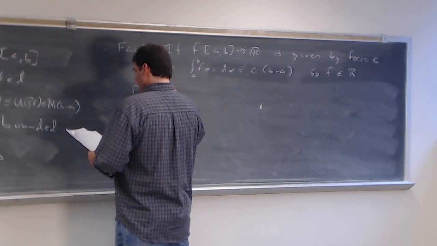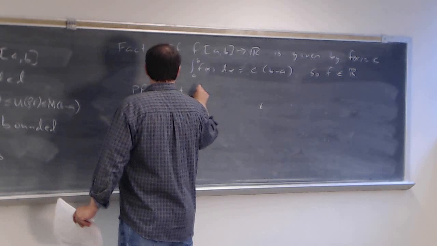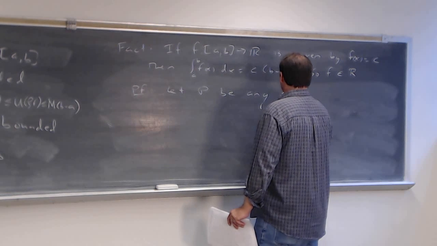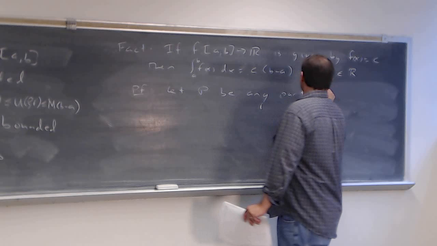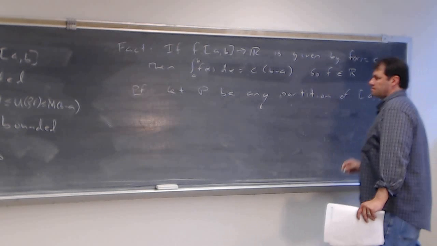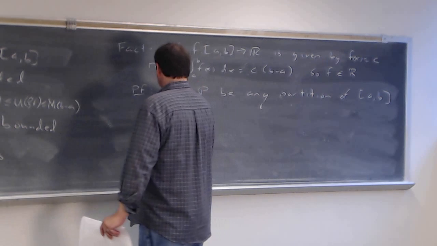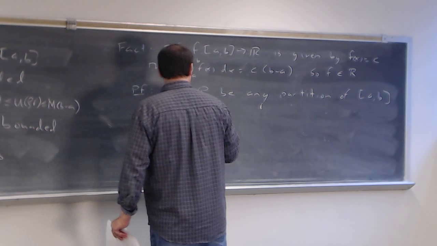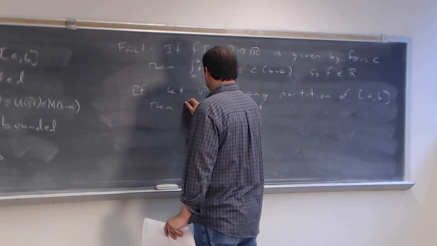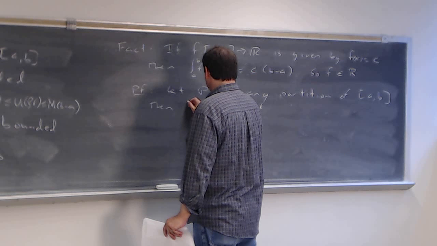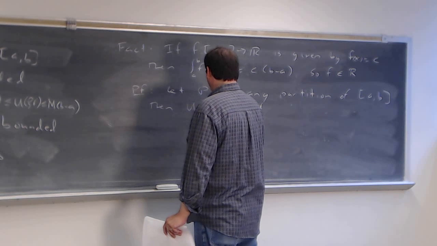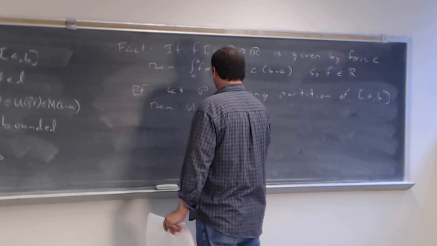Okay, so here, if you let script P be any partition of a to b, then let's start off with the upper Riemann sum of this partition with f.